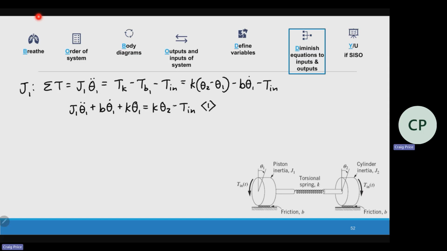This is our first equation. These are all theta 1s on the left-hand side. This is my output side. Is this good? Is it done? Well, it is one second-order equation. I did identify that theta 2 and Tn were inputs, but is it stable? Did I do things correctly?